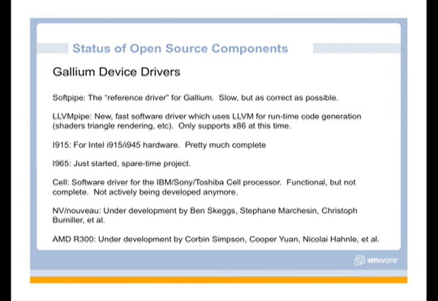These are some of the guys who have been involved in that: Ben Skeggs, Stephen Marchson, Christoph Buehler. There's also a driver underway for the AMD ATI R300 GPU. Corbin Simpson, Cooper Yan, and Nikolai Hanel have been working on that.